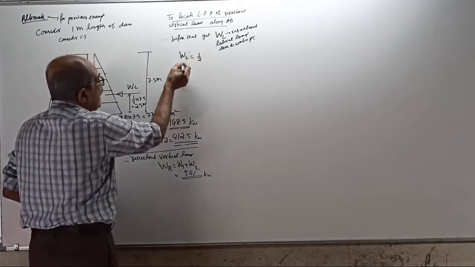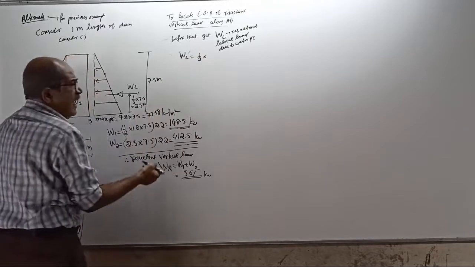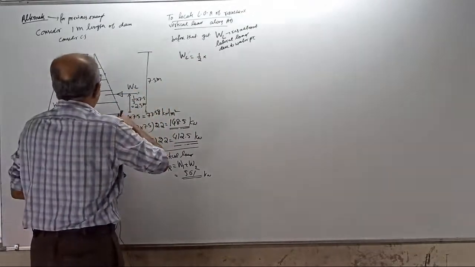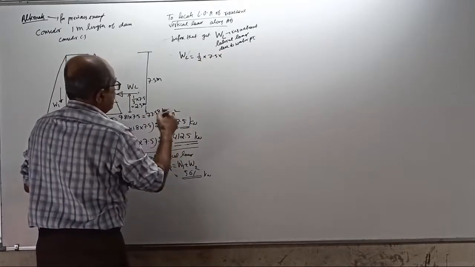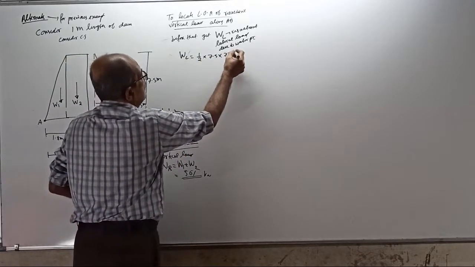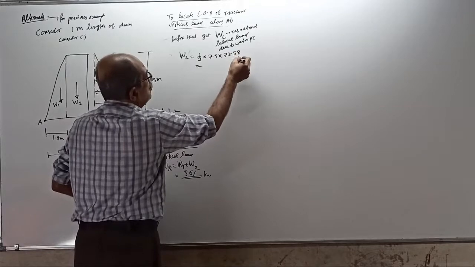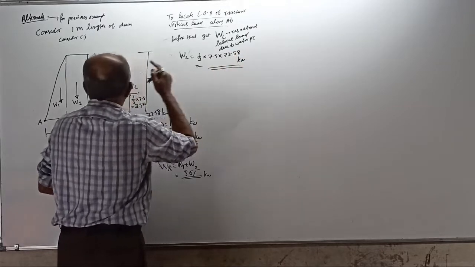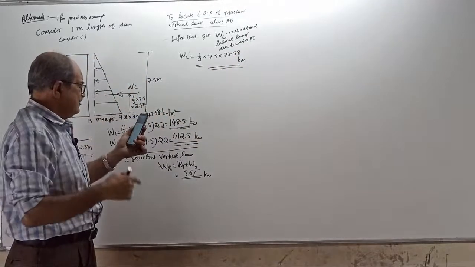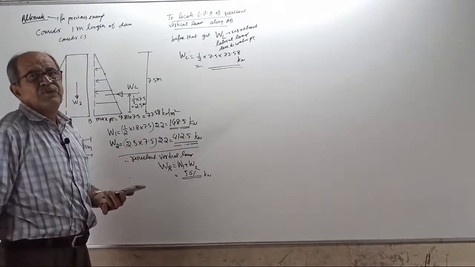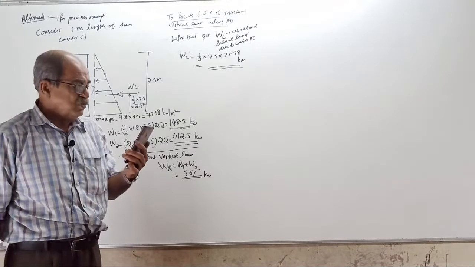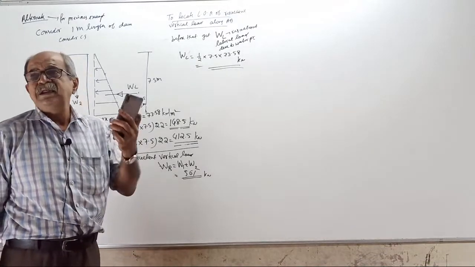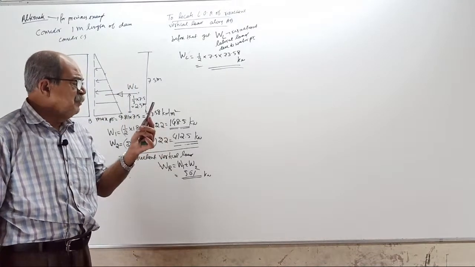Now WL equal to, I told you, the lateral load equal to the area of the pressure diagram. You write here, area of pressure diagram: half into 7.5 into 73.58. Tell this also in kilonewton, all for 1 meter length. Or one formula is there: density into height square by 2. Or for the moment, density into height cube by 6.